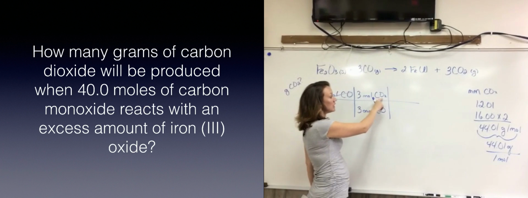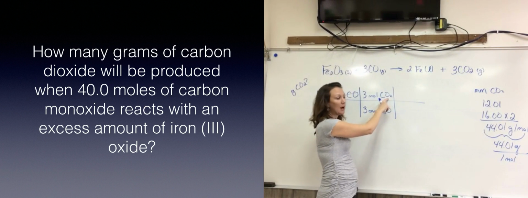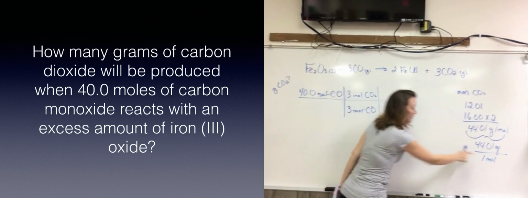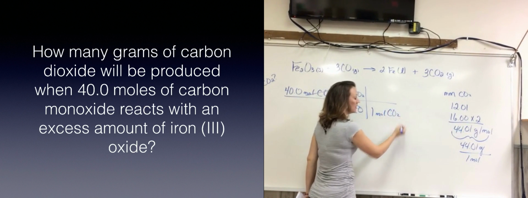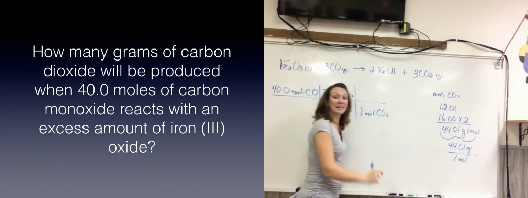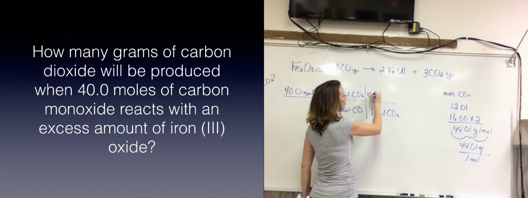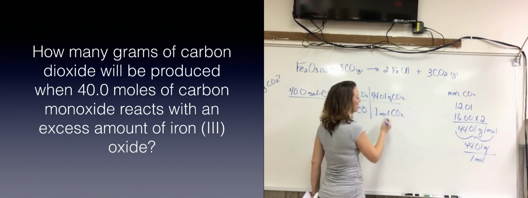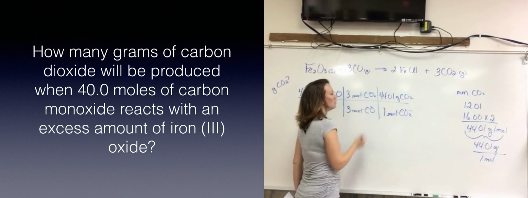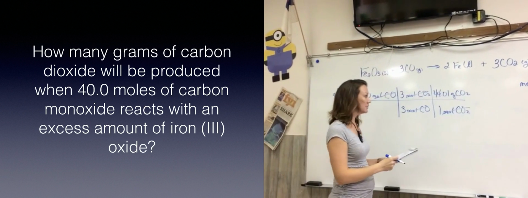I need moles of carbon dioxide to cancel out. So this 1 mole has to go on bottom, and the grams of carbon dioxide needs to go up on top. So I'm going to put the 44.01 grams up on top. Now my moles of carbon dioxide will cancel each other out.